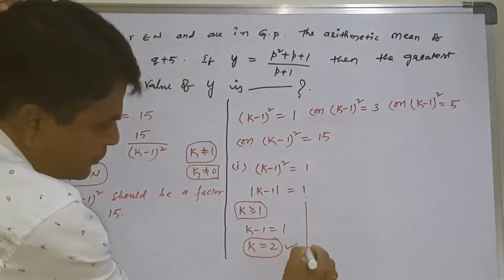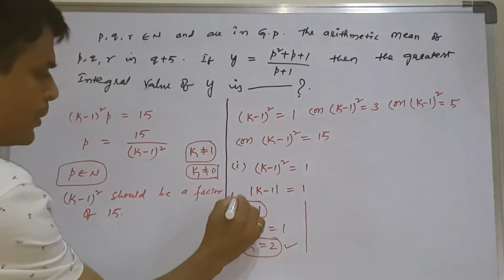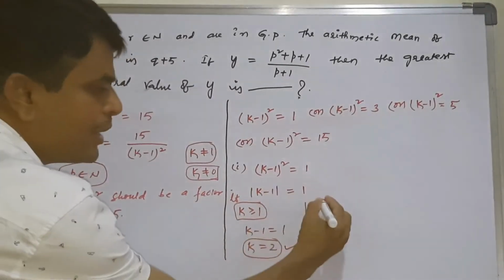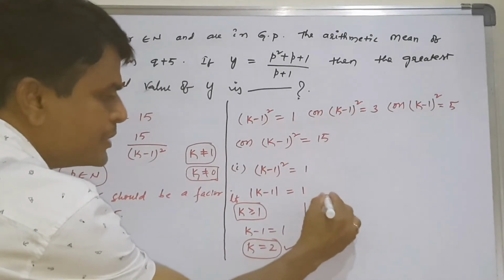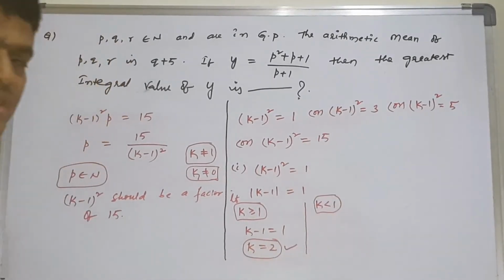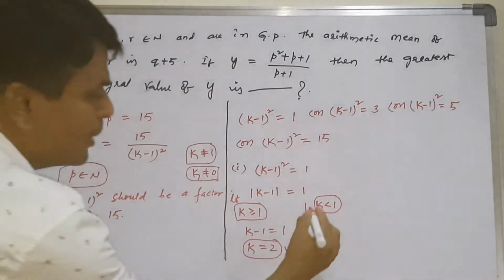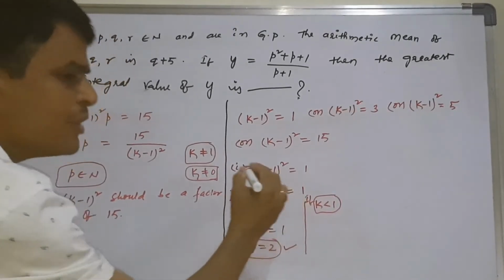Next, you will get a doubt if I take k value less than 1. If k is less than 1, then the inside of this modulus will be negative.